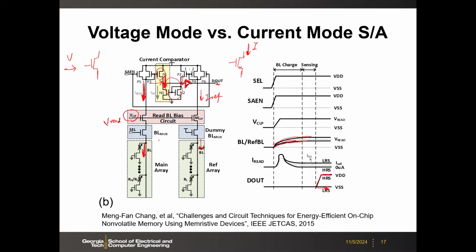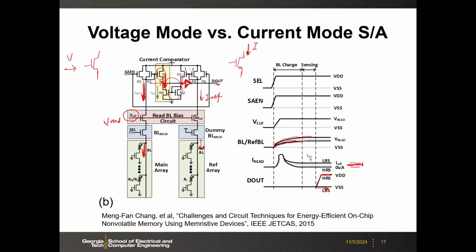So that means for this particular sense amplifier, it always prefers to sense 1 compared to sense 0. Or let's say the margin, right, there will be some offset margin. For example, here, if it's current mode, then there will be some offset.